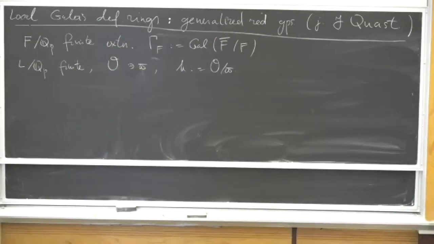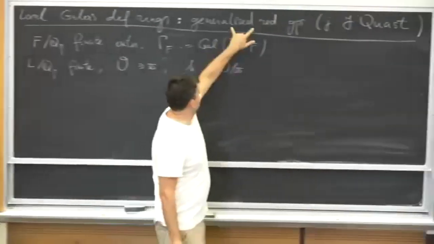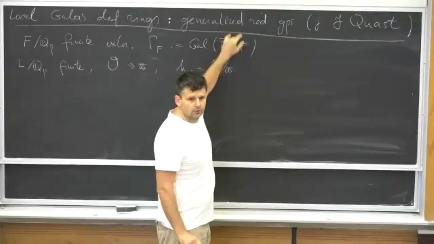Now, so there'll be a Galois representation, but now I want to explain this generalized reductive group bit.